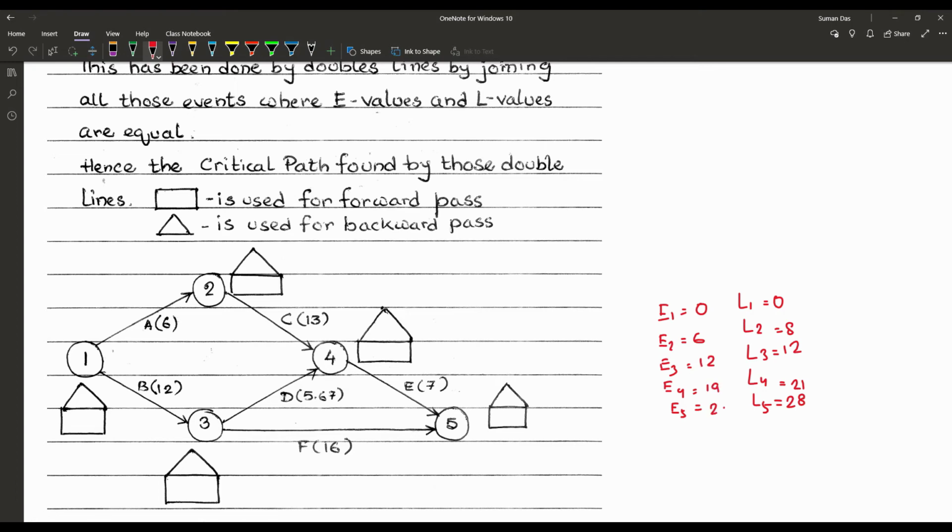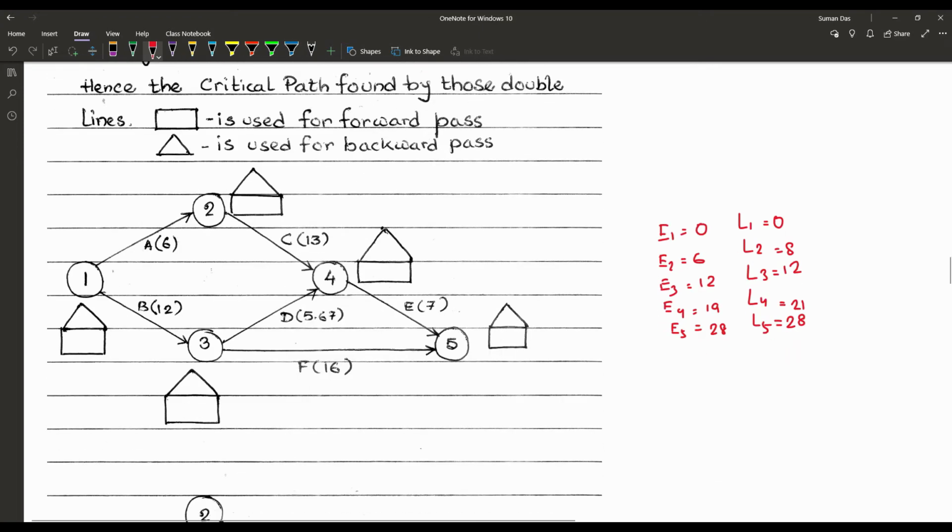Now we are using the rectangular form for the forward pass calculations and the triangular part for the backward pass. So we are starting from the forward, that is our E0, that means for node 1, 0. Now E2 is equal to 6, E3 is equal to 12, E4 is equal to 19 and E5 is equal to 28.